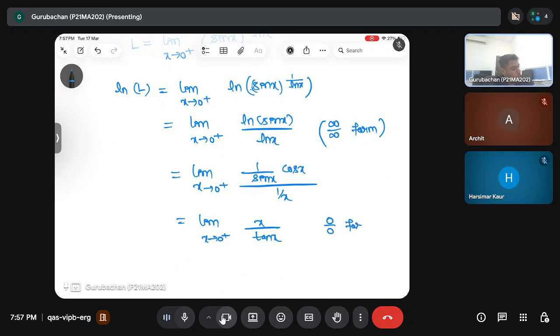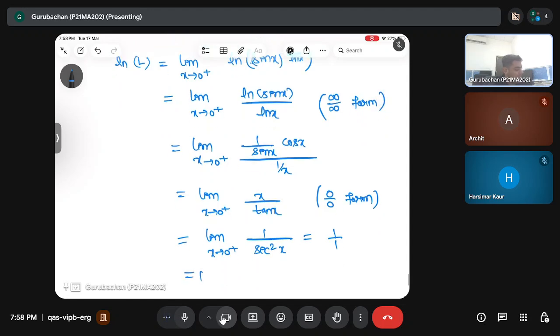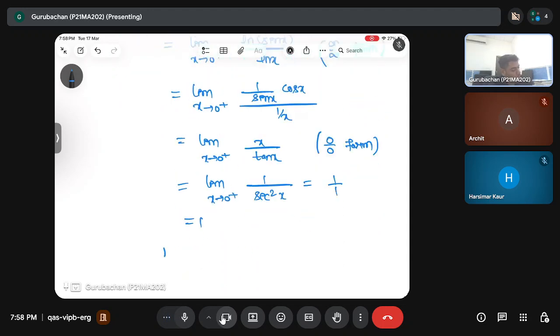Since we are doing that, we will follow that, directly putting it equal to 1 rather than, 1 by, what is the differentiation of tan x? Sec square x. So this will be 1 by 1. So that means the value of ln L is 1. So L will be E.